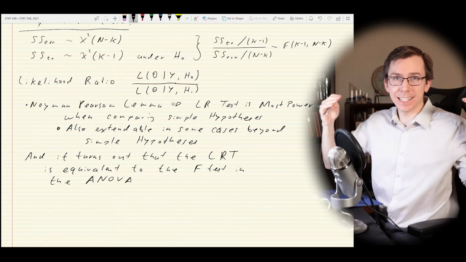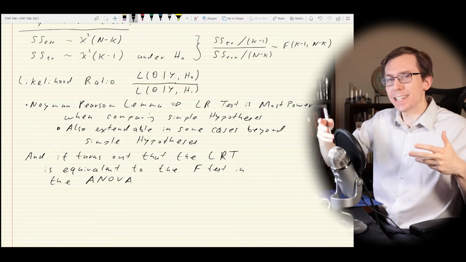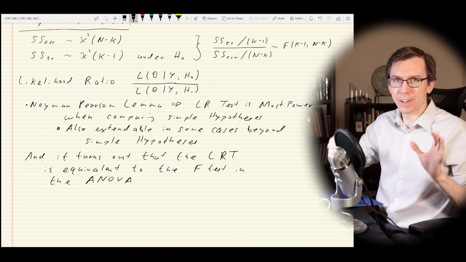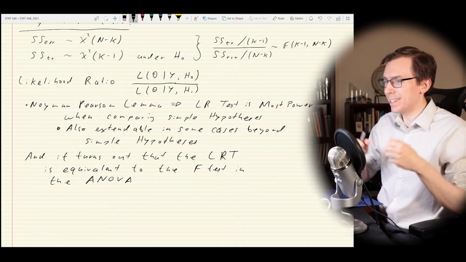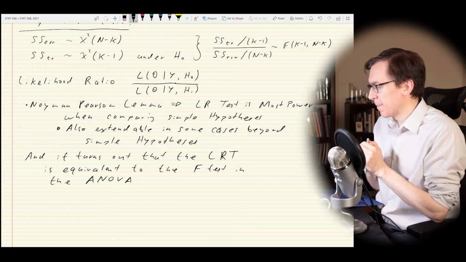You have to write out the likelihood based on the normal distribution. Again, we're assuming that the errors are IID and have a normal distribution for this to be valid. So it's a very strong assumption, but it's still valid enough in practice most of the time.